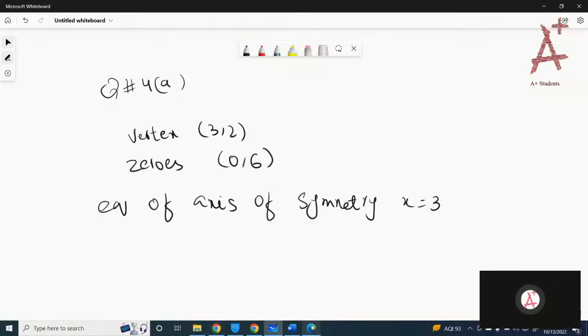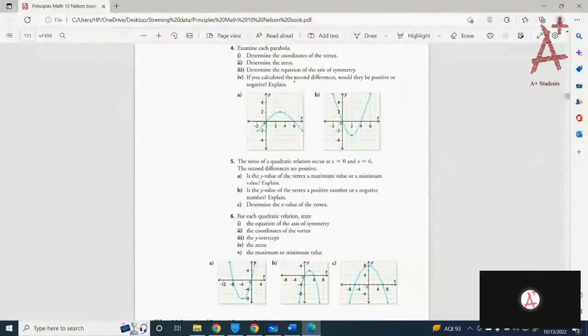Okay, one more thing. The last point is, if you calculated the second differences, would they be positive or negative? Explain. We can find whether the second difference is positive or negative without calculating. See, the parabola opens downward, isn't it? When the parabola opens downward, that means the second differences are negative.